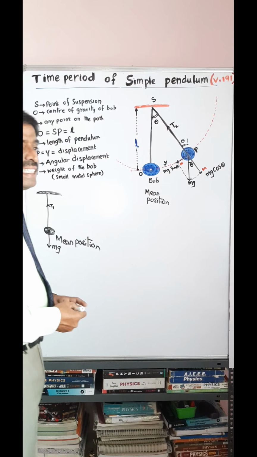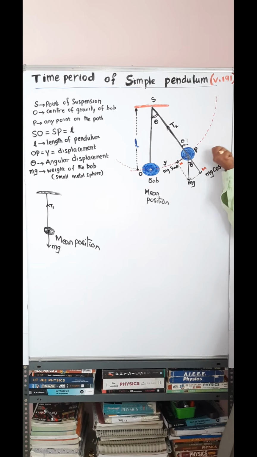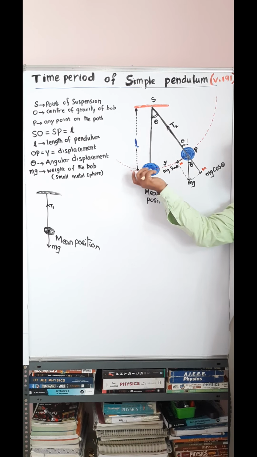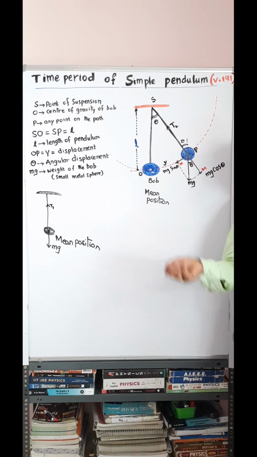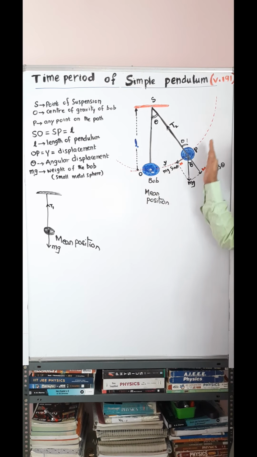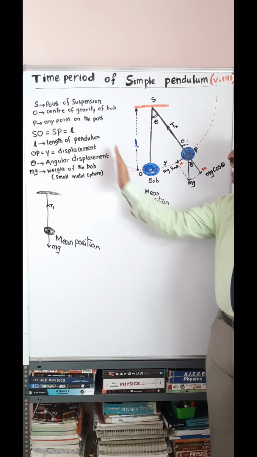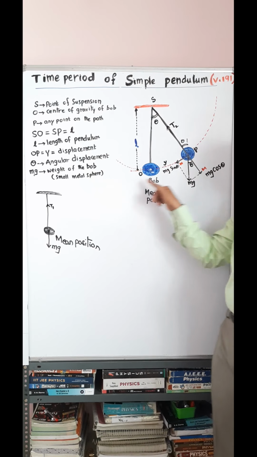Now the simple pendulum is pulled aside with some force, through a small distance, and left free. It makes to and fro oscillations about the mean position along a circular path.